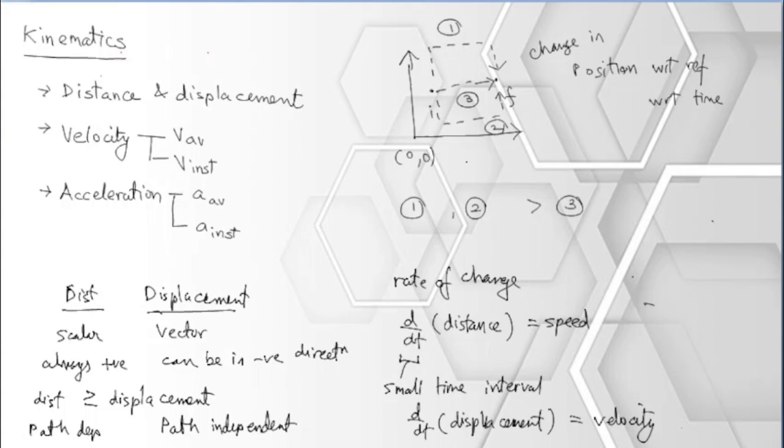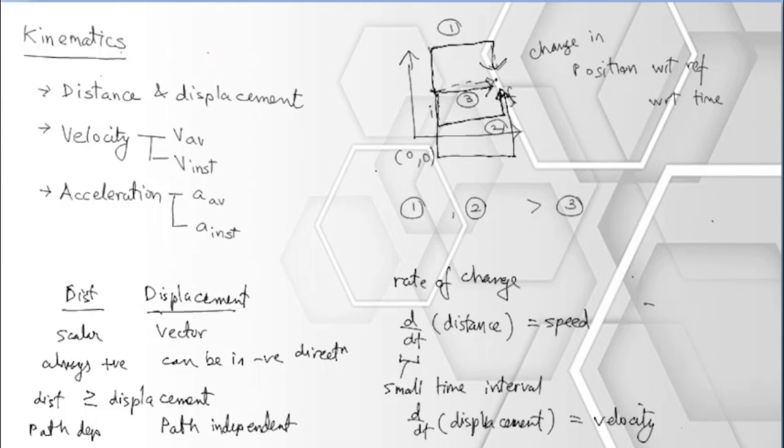If you cover this path 1 from the initial to final position, or if you cover this path, the distance you cover will depend on the path that you have covered, right? If you take this route, the distance is higher, so it depends on the length of the path you have covered, whereas displacement stays constant irrespective of whichever path you may take.